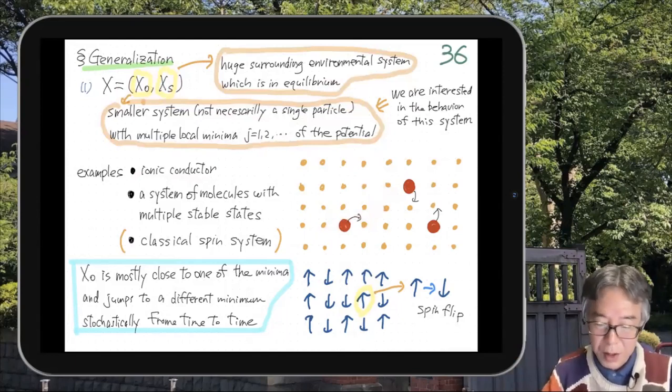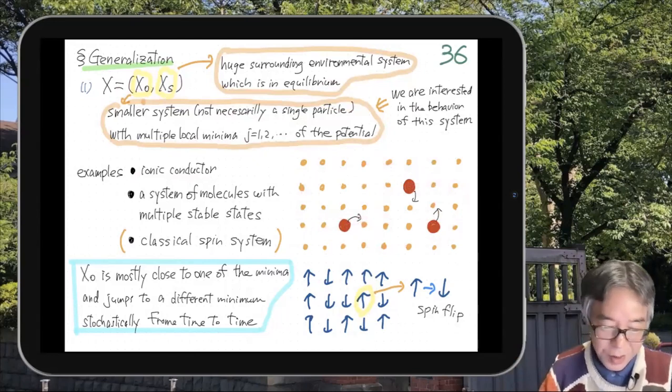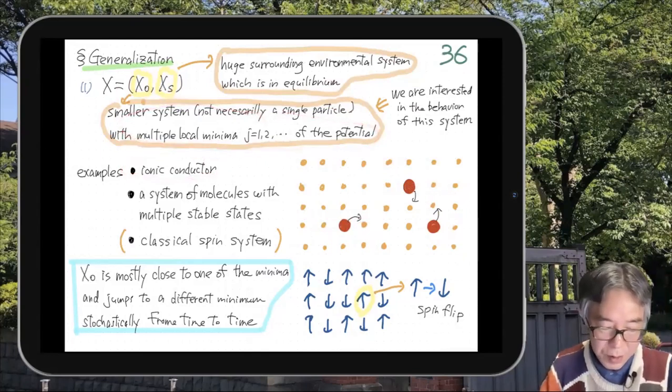But now there are many particles, and they are charged. So if you apply an electric field, we can let them move and carry electric current, and so on. This is of course not the most popular system in condensed matter physics, but it is a particular example in which this kind of idealization is justified.